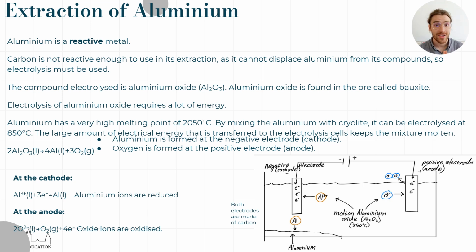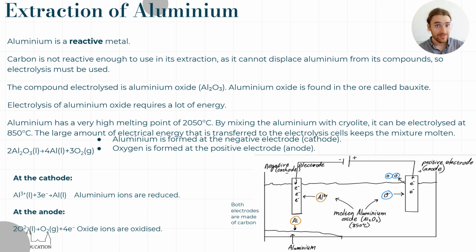So the aluminium cations are going to be attracted to the cathode. They're going to gain electrons from that cathode and become solid aluminium that can be collected.